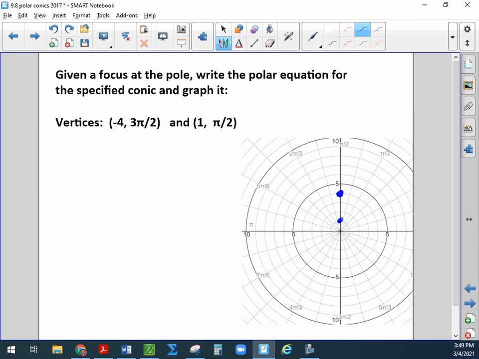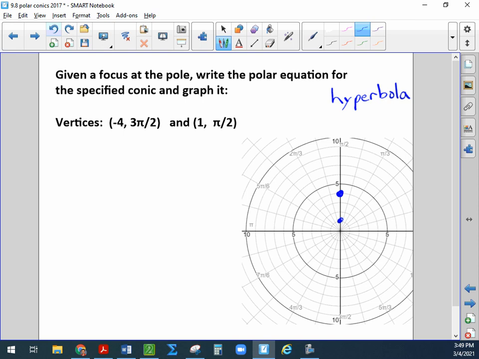So if those are the vertices, then this is not a parabola because a parabola only has one vertex. And it's not an ellipse because the ellipse would have to connect the two vertices, and that's not where the focus is. So this problem has to be a hyperbola based on where the two vertices are.